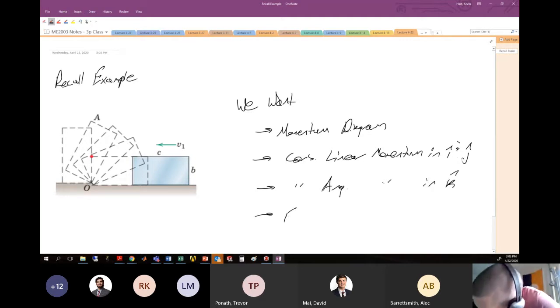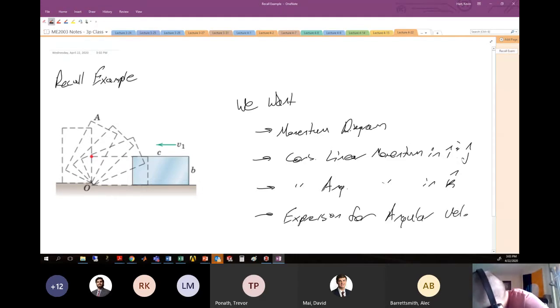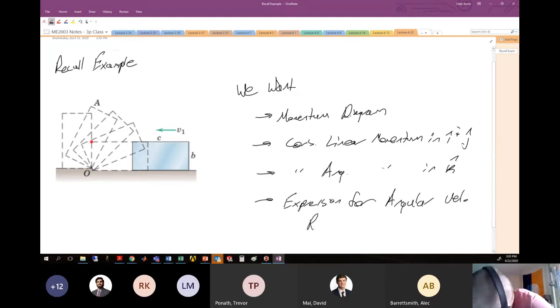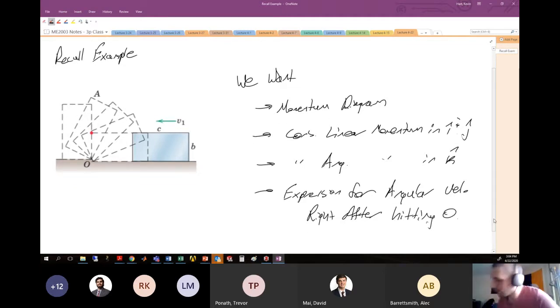And then we want an expression for angular velocity right after hitting O. Those are the things we're after. We had mostly made our way through the momentum diagram yesterday, so I'm going to go through that quickly, and then we'll pick up on these.